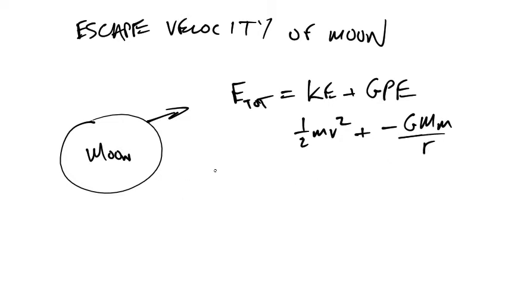But you remember, why is this negative? Let's think about that for a second. If this is a planet, in this case the moon, then how far away do we have to get before our gravitational potential energy is equal to 0?